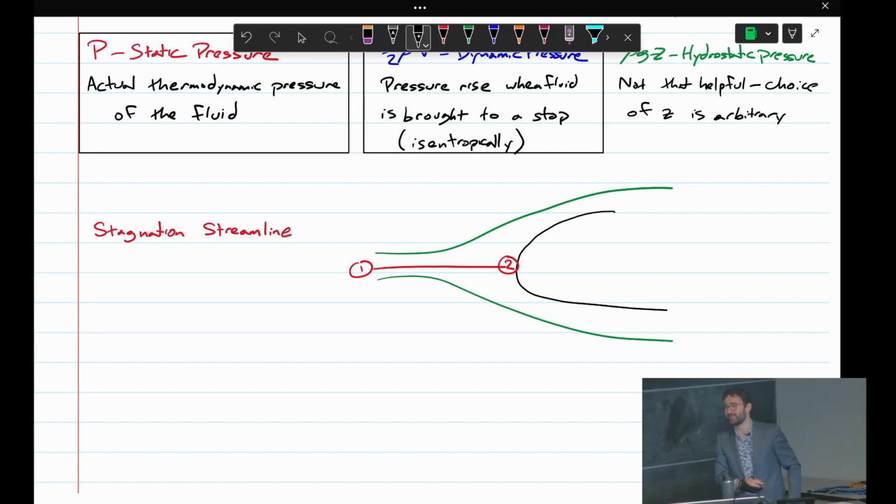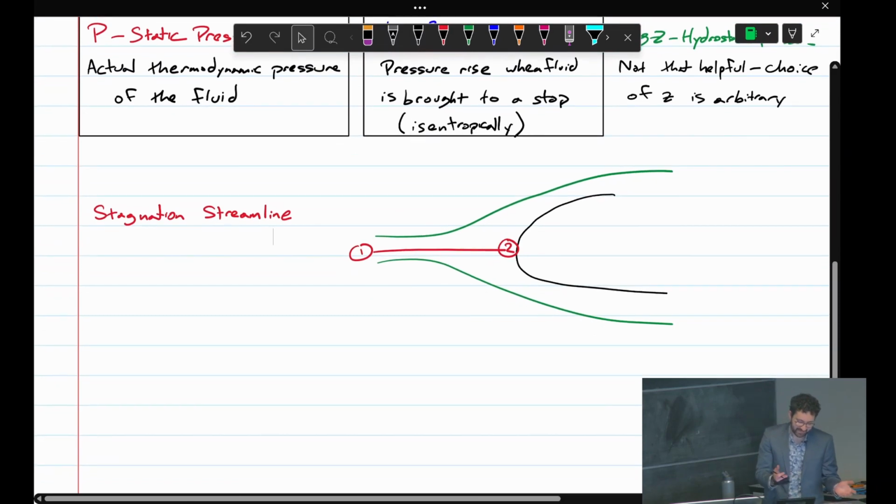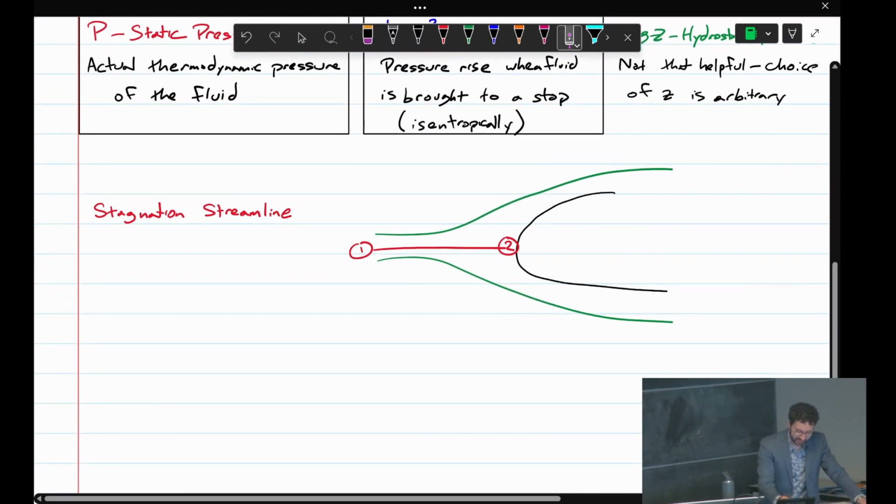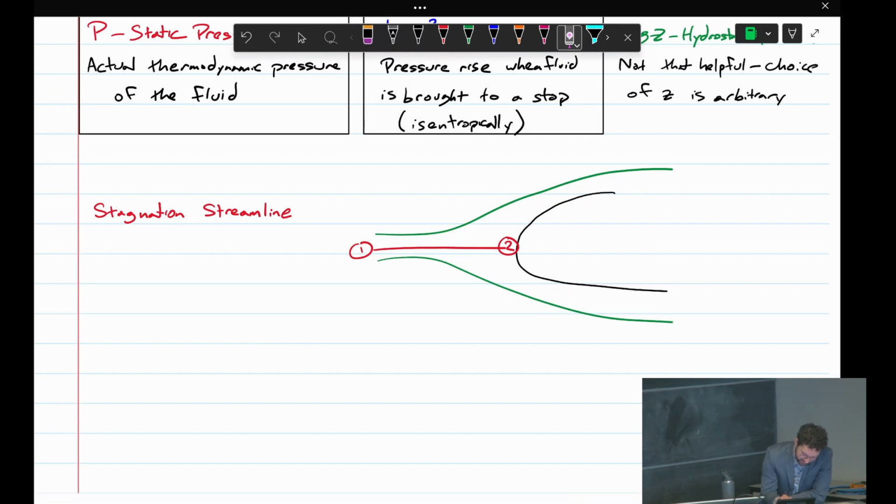Does anyone have a guess of why it's called the stagnation streamline? Because the flow stagnates there. That's right. Stagnation means stopping, basically. This is called the stagnation streamline because from 1 to 2, the streamline ends. So the velocity is stopped there. The velocity at point 2 is 0. The other streamlines go around this point.